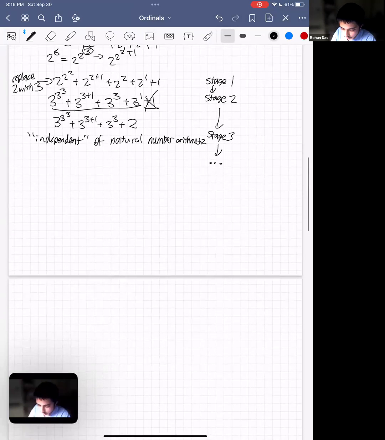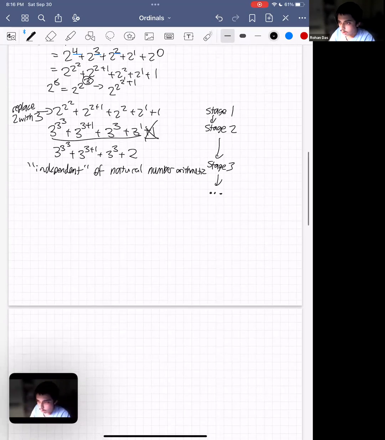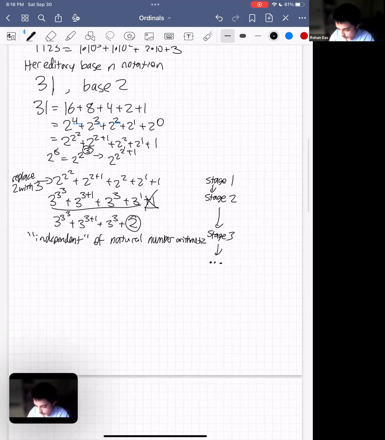So we have our example of 31, where we have, okay, I see a question. In the third stage, will this 2 remain a 2? Because it's not a 3.